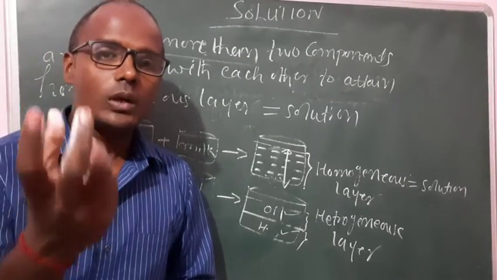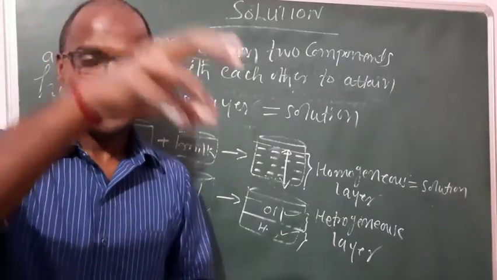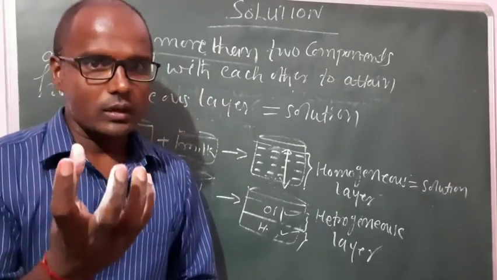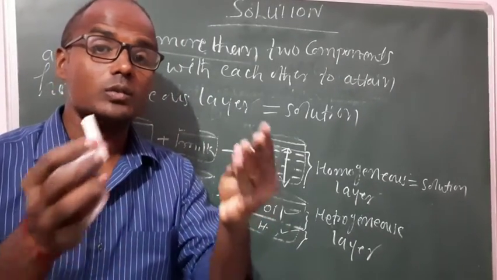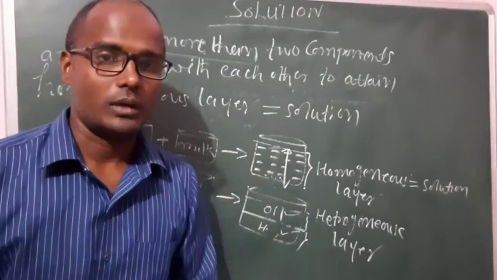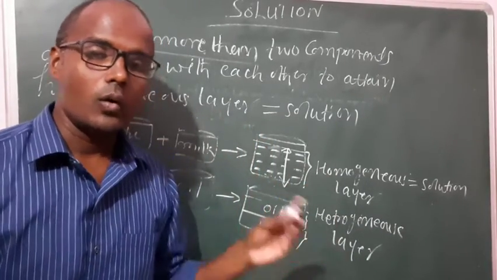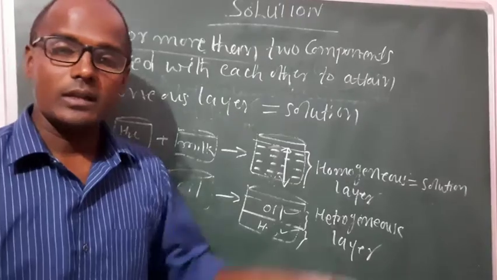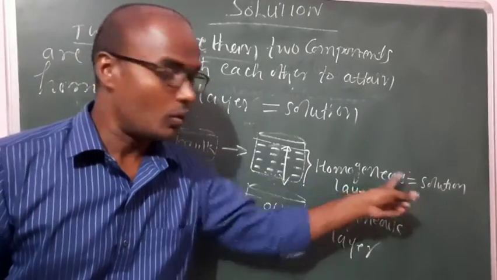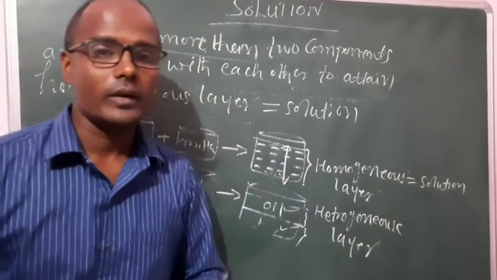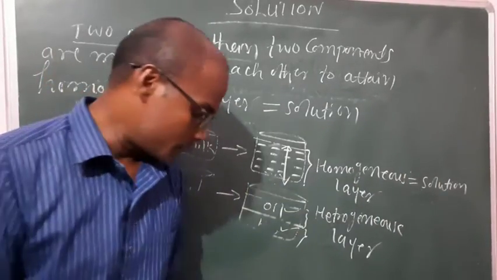If you add sugar crystals to water, the sugar crystals also completely disappear in water, which means the sugar crystals also show the proper attraction with water. So these are all homogeneous solutions, and we call this a homogeneous layer, and this we call a solution. Right?